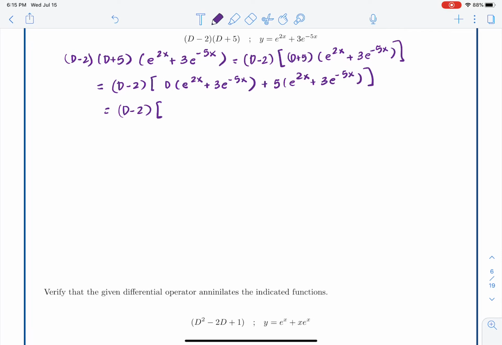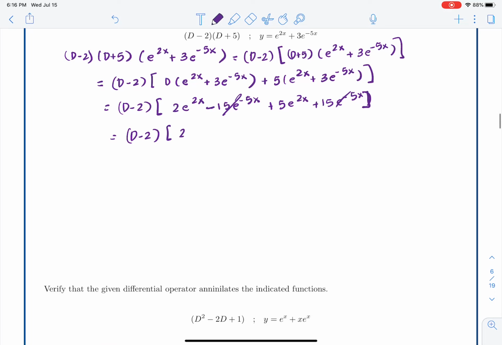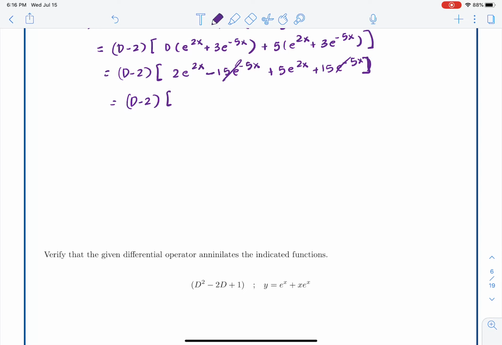The derivative of e raised to 2x is 2 e raised to 2x. The derivative of 3 e raised to minus 5x is negative 15 e raised to minus 5x. I'm going to distribute the 5. So I'll have 5 e raised to 2x plus 15 e raised to minus 5x. Those two would go away, and we will have D minus 2 applied to 2 e raised to 2x plus 5 e raised to 2x, that is 7 e raised to 2x.